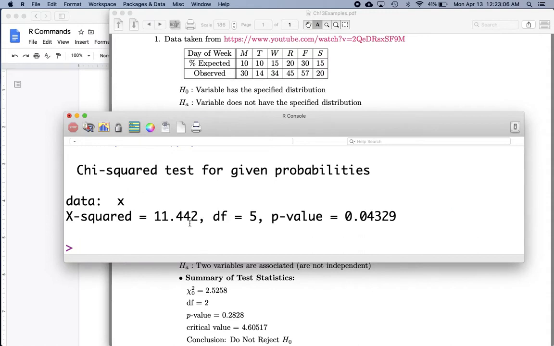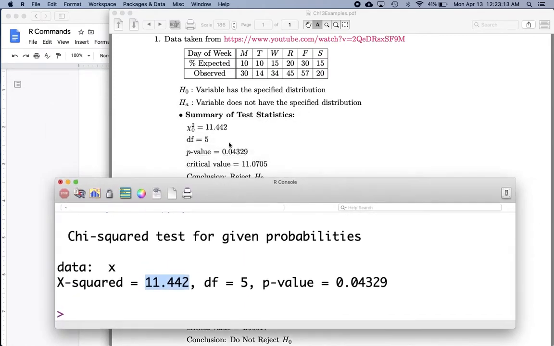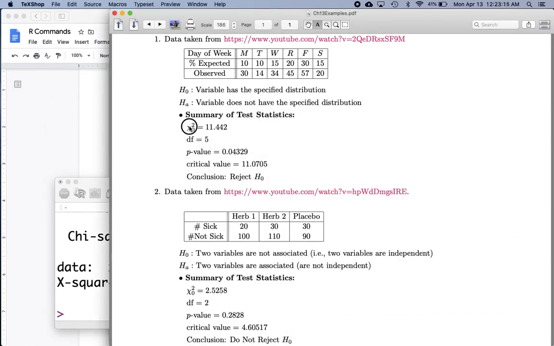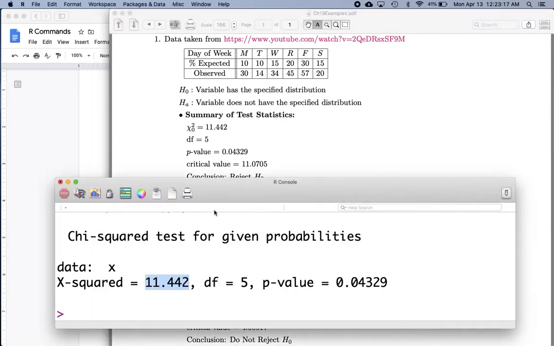It spits out our chi-squared value, which is 11.442, which is the value that I found here, and then a p-value of 0.04329.